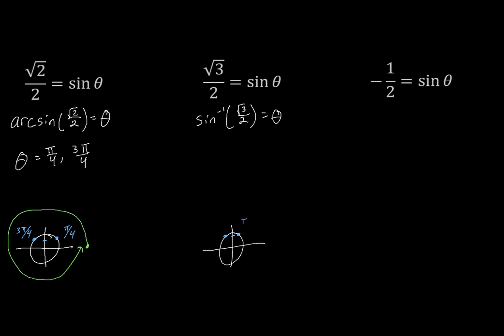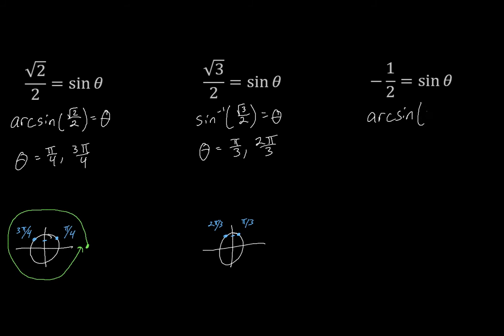That's up here at pi over 3 and 2 pi over 3. Since both of those are on the unit circle, both of those are my answers. I don't have to worry about any restrictions because our restriction is from 0 to 2 pi. So if it's on my standard unit circle, it is one of my answers.